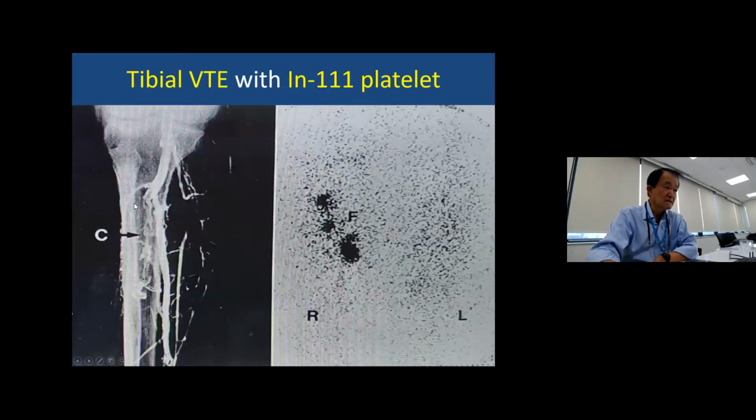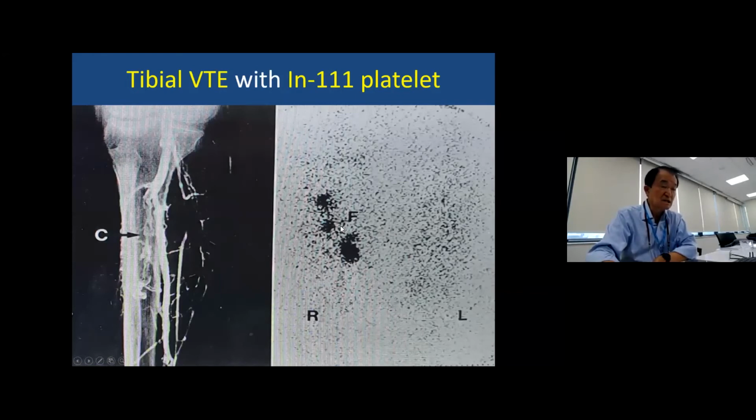Okay, this is a tibia, anterior tibial, peroneal usually lateral here, and the platelet shows accumulation of blood clot. Certainly, when we inject, it can have a dynamic study, then you know exactly which venous system, where exactly it's obstructing.